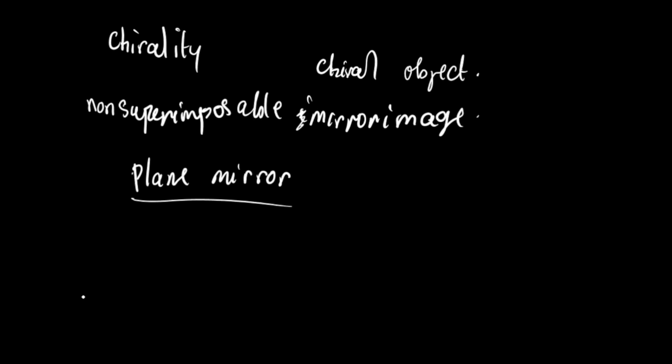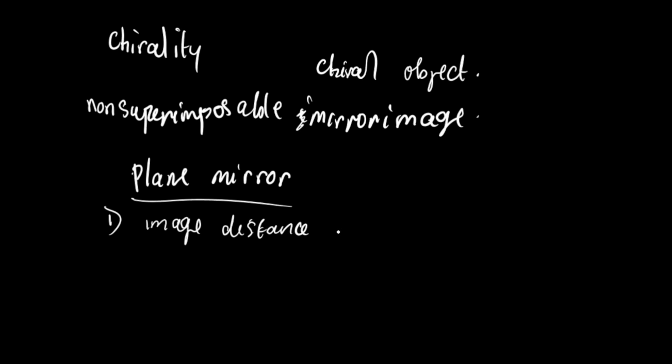Just to bring our minds back to our knowledge of physics, there are different characteristics of images formed by plane mirrors. We learn that one of them is that the image distance is the same as the object distance.